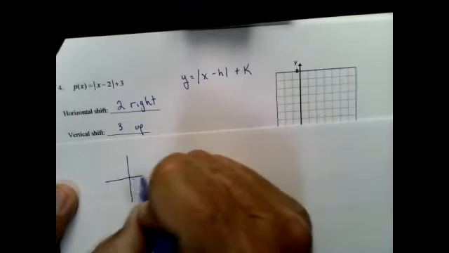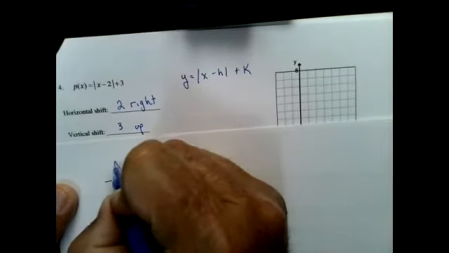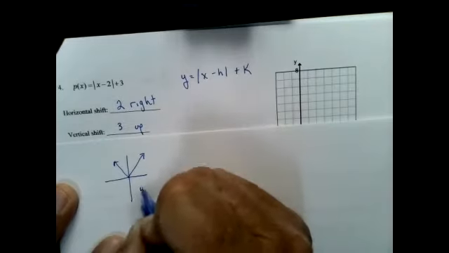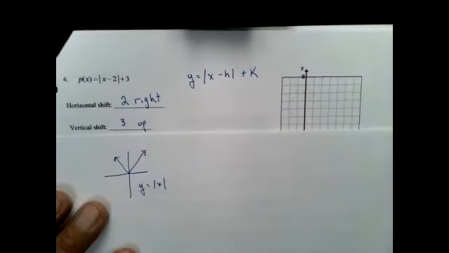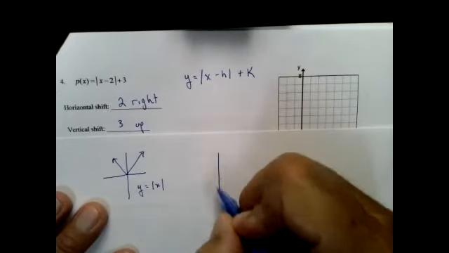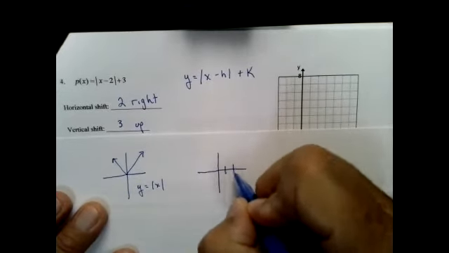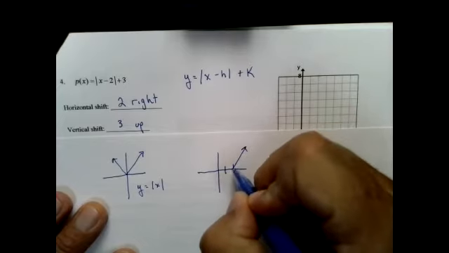Vertical shift. Looks like that's a 3. Since it's positive, I would be going up. And now a graph. y equals the absolute value of x. Then I move it to the right 2. Keep that shape.